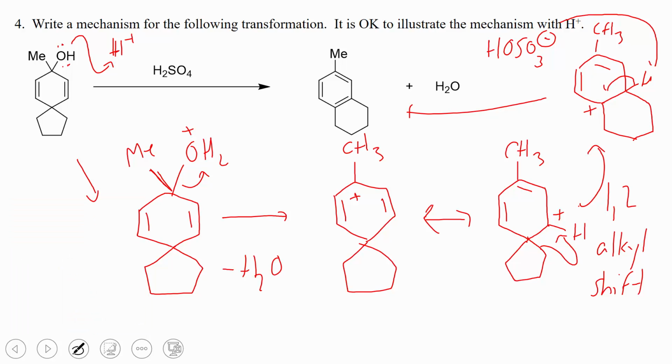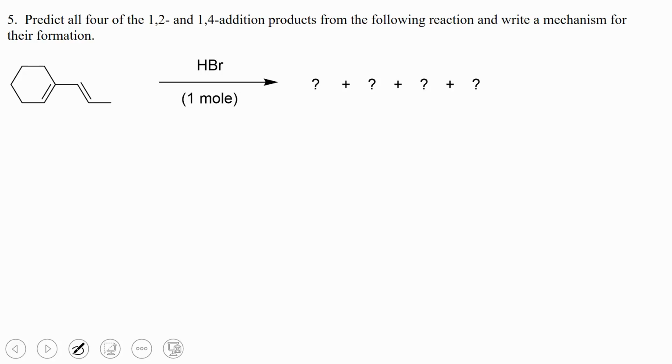Remember 1, 2, 3, 4, 1, 2, 3, 4. We have to account for all the carbons, which I didn't in my initial picture, so now it's right. And you need to show the ring expanded carbocation and its loss of the extra proton to produce the aromatic system.